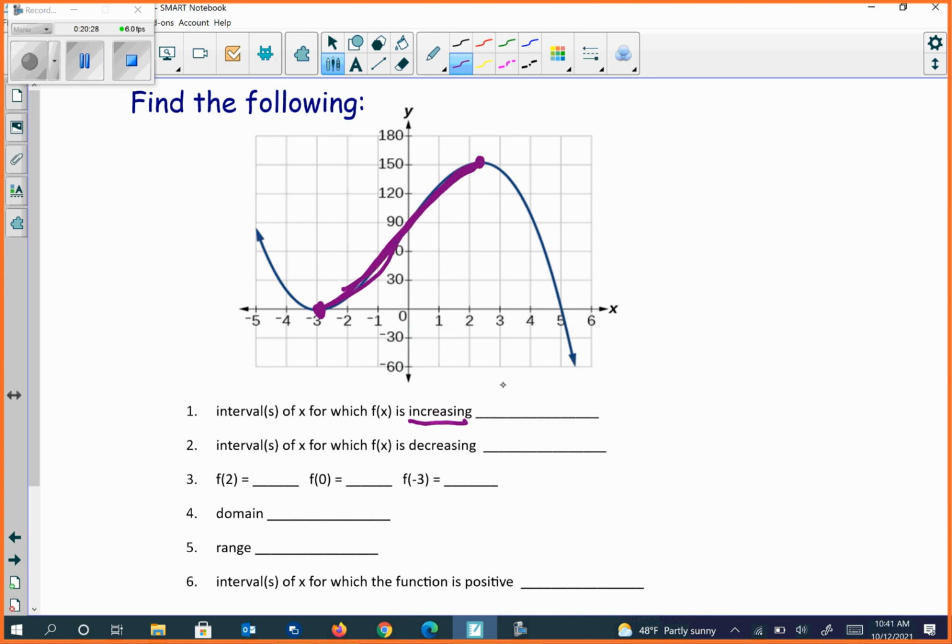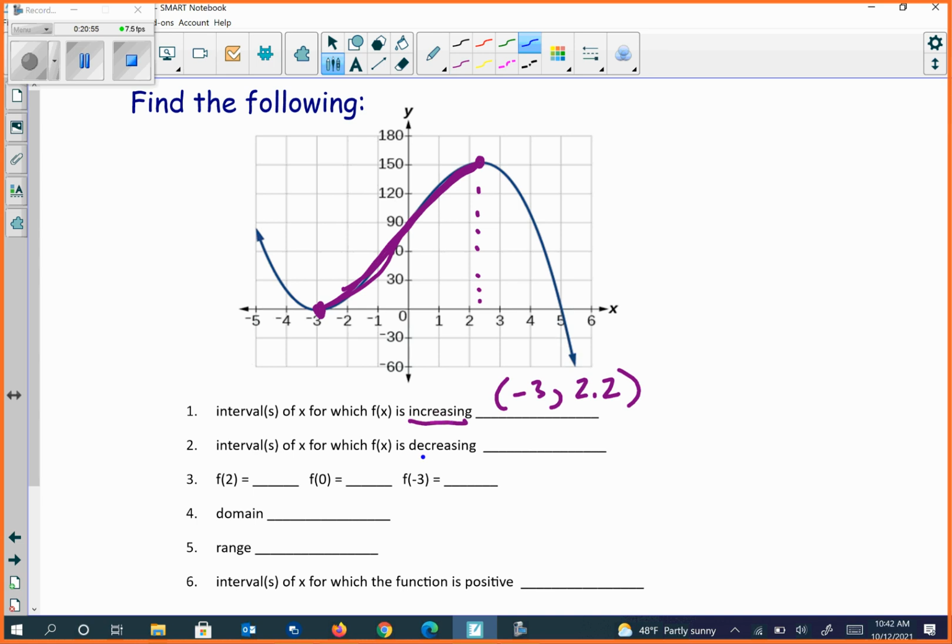So from -3 to about 2.2 maybe. Is that okay? Soft brackets on both because it's not a corner. It's a smooth edge.